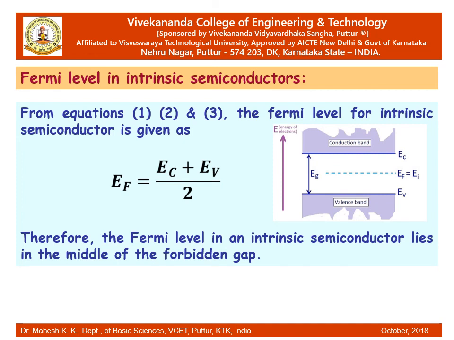Mathematically, if we work out equations 1, 2 and 3, you could get the expression for EF, which is what I told you earlier: EF is equal to EC plus EV by 2. So where is it lying? It is lying at exactly half of the forbidden energy band gap.